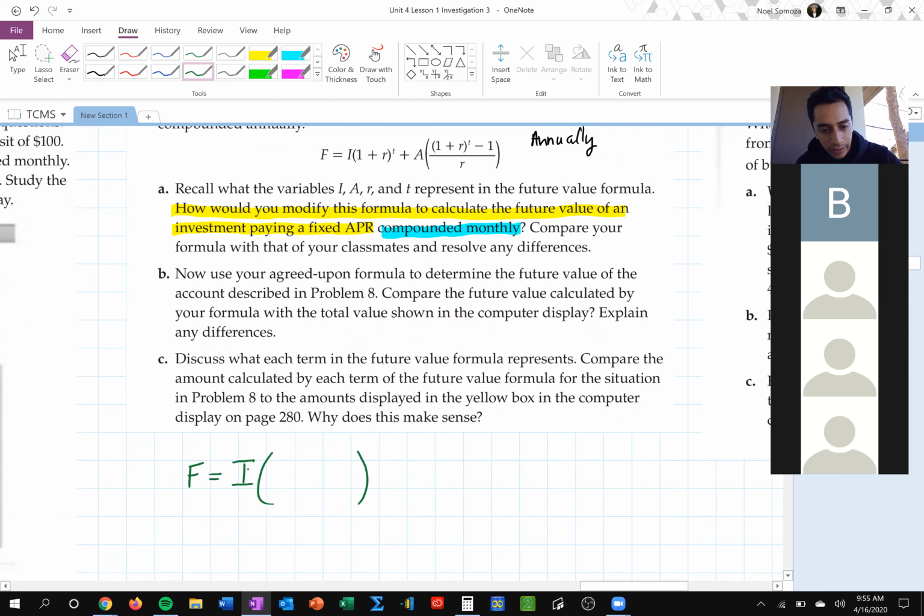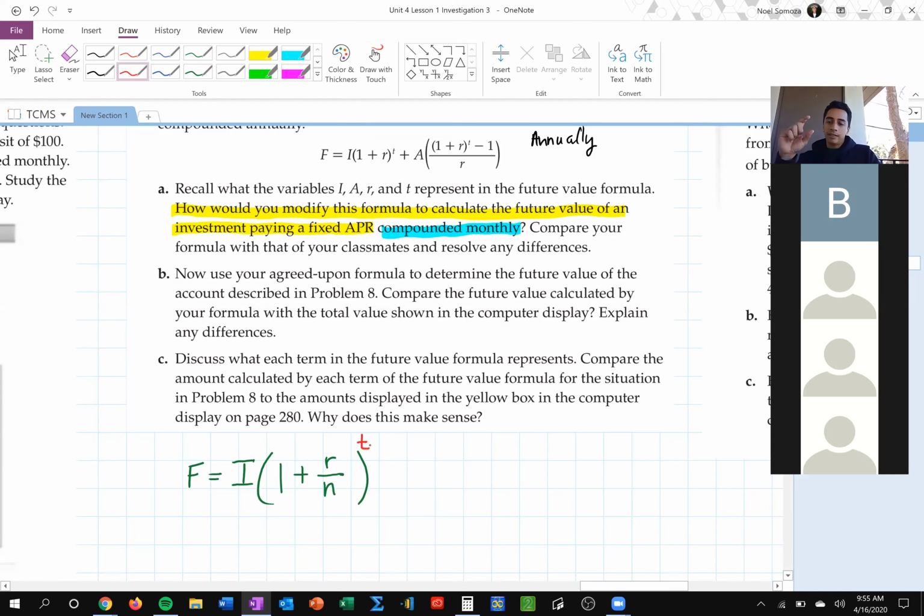F is equal to our initial times 1 plus, but now I have a rate that if I do things, let's say monthly, that rate is going to get divided by 12, right? So that I know the specific interest rate just for that month. Okay, so then I can utilize n down here in the denominator. Then we would multiply it times, or take it to the power of t, right?